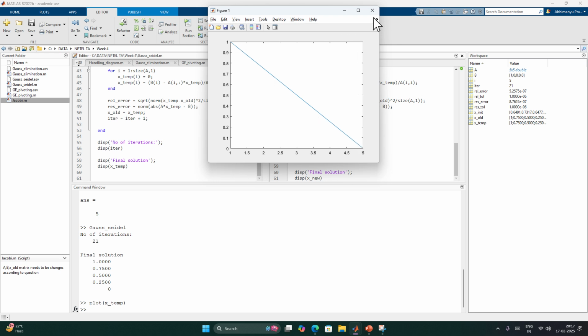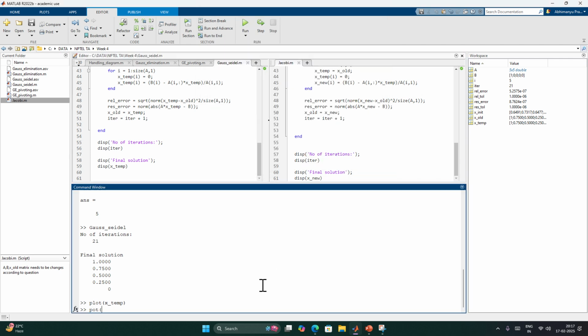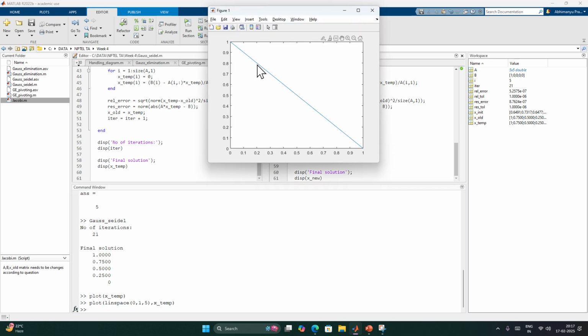I need to make this 1, this is not 5. And this is the numerical solution that we are getting.